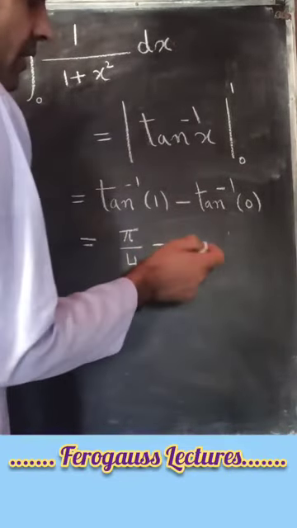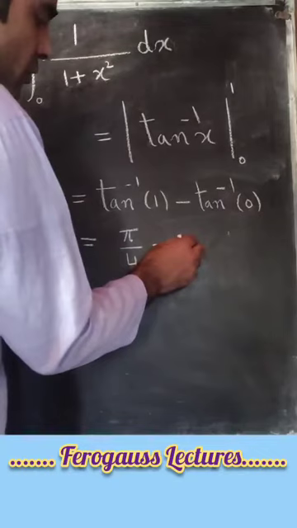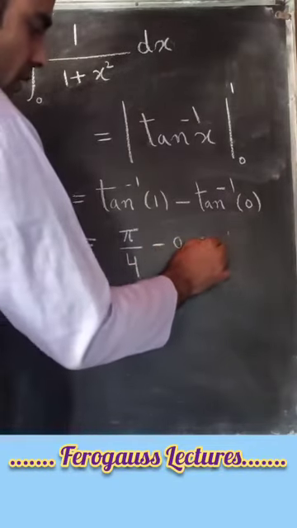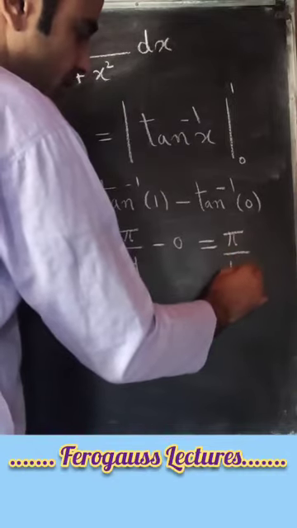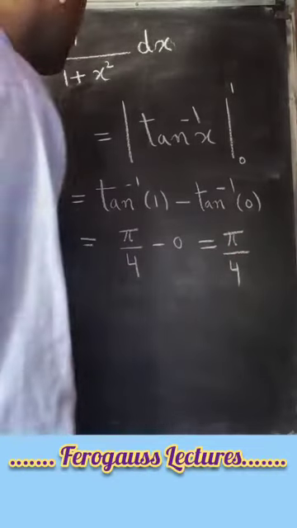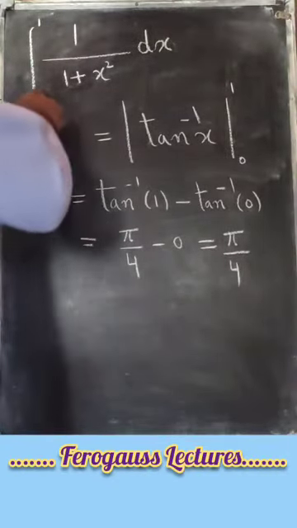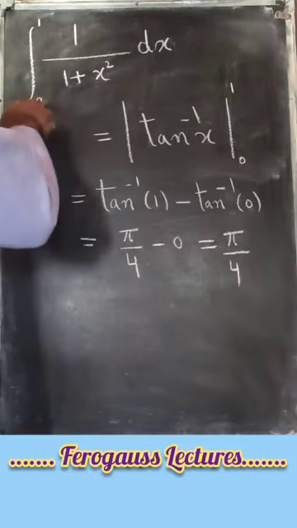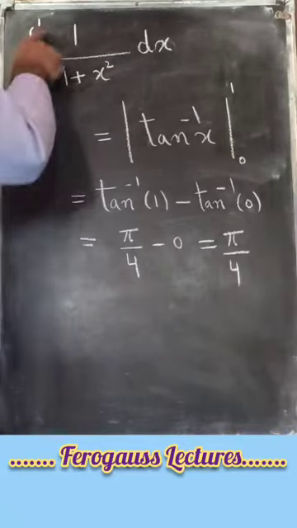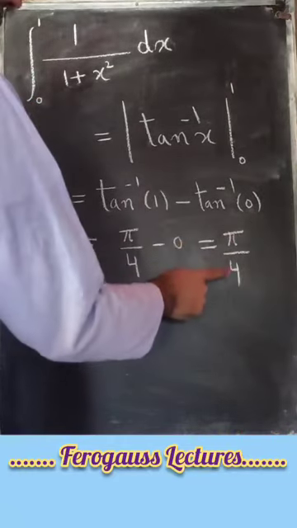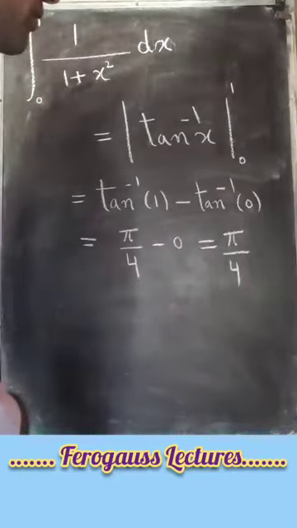Tan inverse 0 is 0, so this is equal to 0. Thus, we get pi by 4 as the result. So therefore, the integration of 1 by 1 plus x square with limits from 0 to 1 is equal to pi by 4. This completes the question.